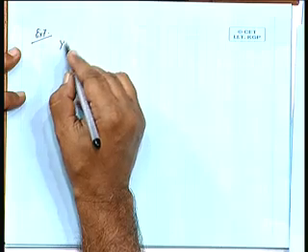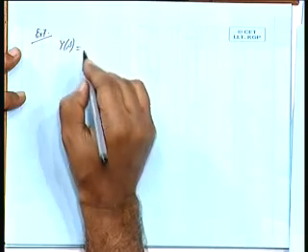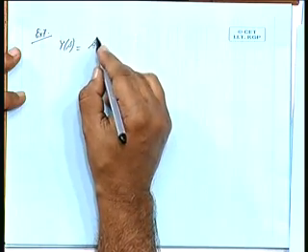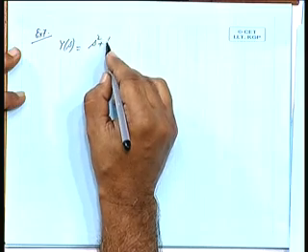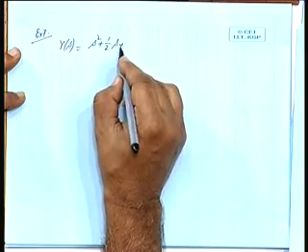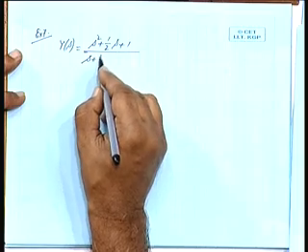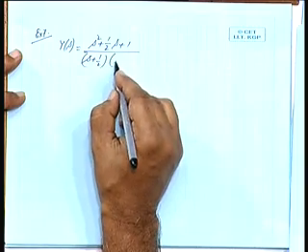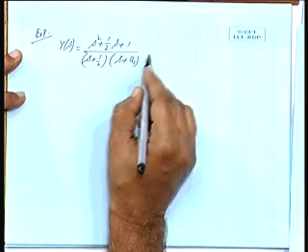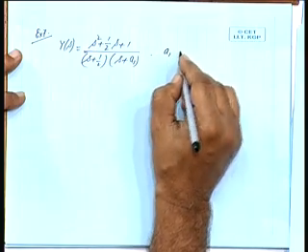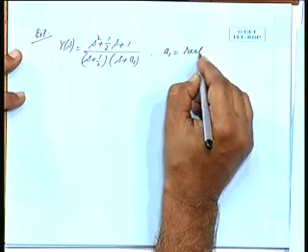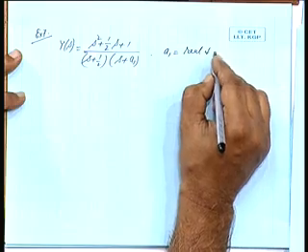There is another problem. Consider the admittance function Y(s) equal to (s squared plus half s plus 1) divided by (s plus half) into (s plus A1), where A1 is real and positive.